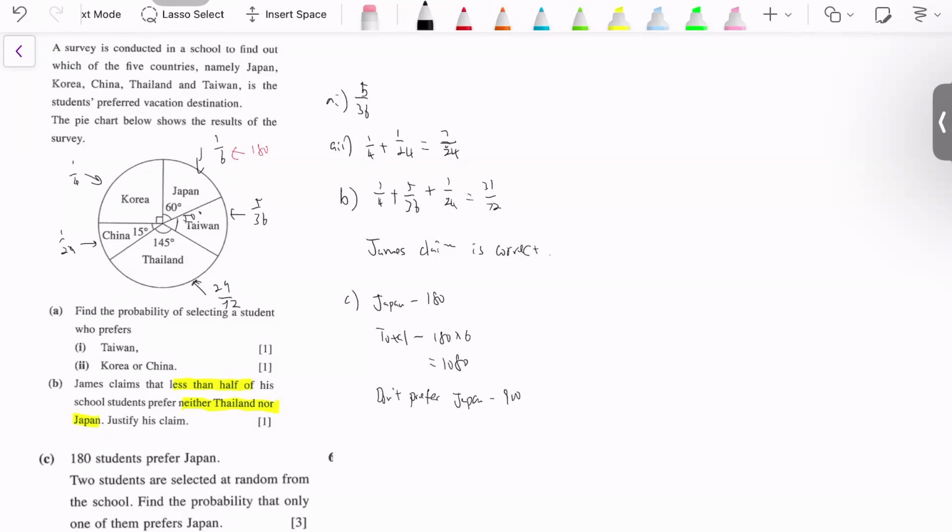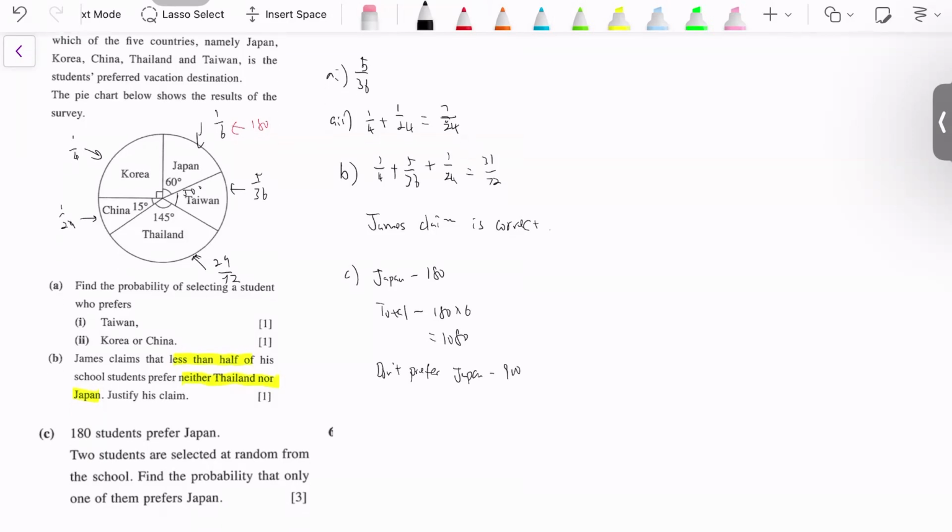So we need to find the probability that only one of them prefers Japan. Two students are picked. What we can do is this: the first student prefers Japan, and the probability is 180 over 1080, and the second student doesn't prefer Japan, which is 900 over 1079, because we have picked the first student.